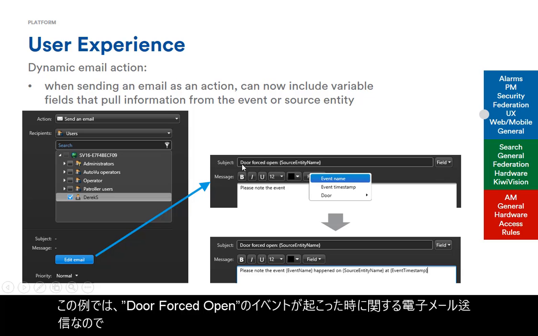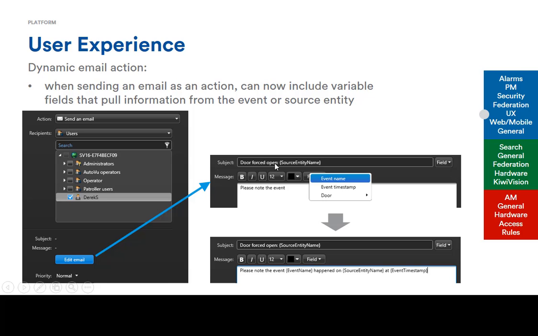And from the field we can choose a few different things. So originally in the subject I wrote door forced open because I just want this to be a generic email sent out whenever any door is forced open. So I chose the field, and I chose that I want the actual source entity name to show up in here. So I pulled that up under my door entity here, because this is of course what I'm triggering it on.